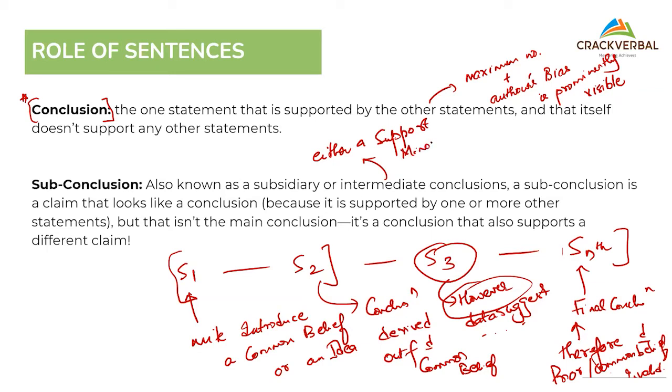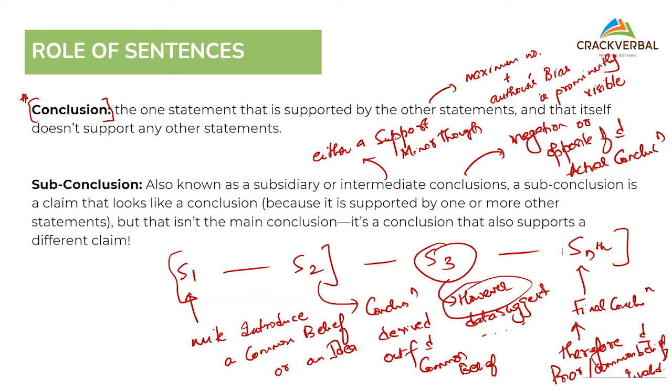An intermediate conclusion can be either a support, a minor thought, or a negation or opposite of the actual conclusion. So what we actually see as a counter conclusion is this format.